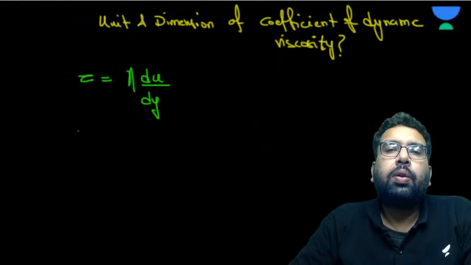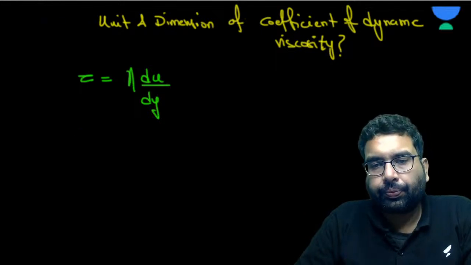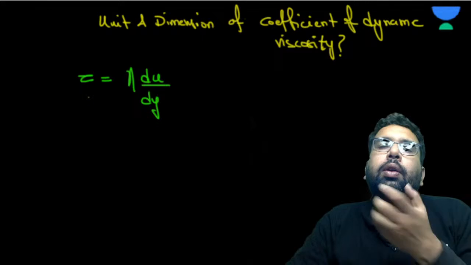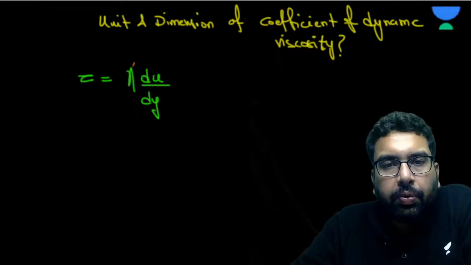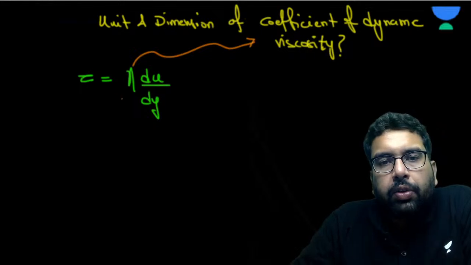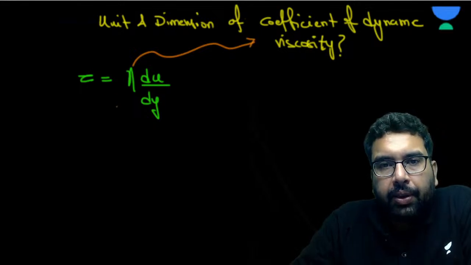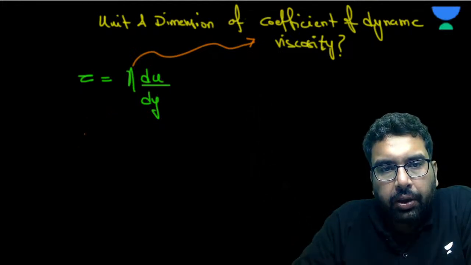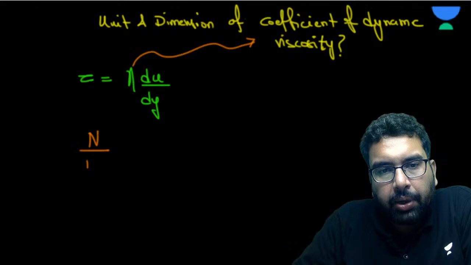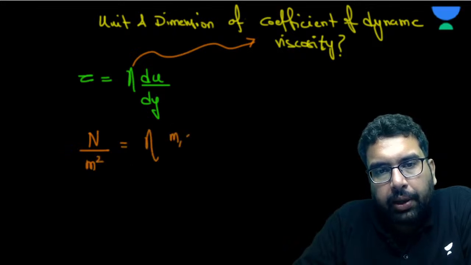So the shear stress is equal to nu du by dy. This nu is what we call the coefficient of dynamic viscosity. The shear stress is Newton per meter square, and du is meter per second.